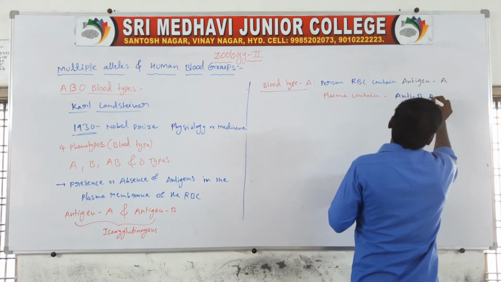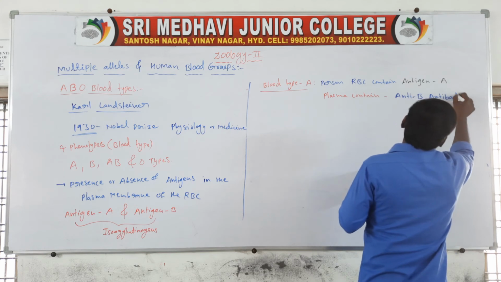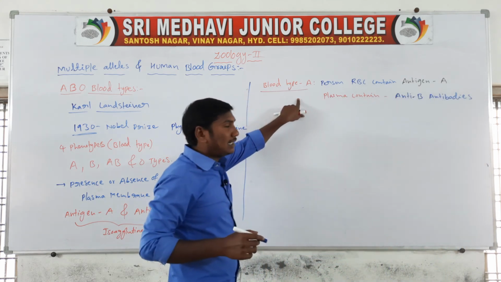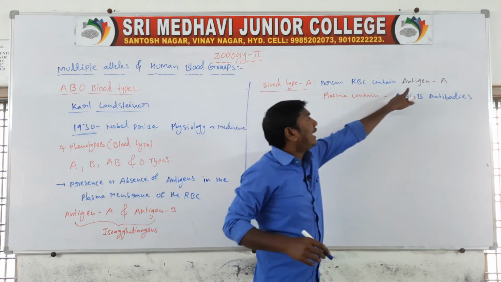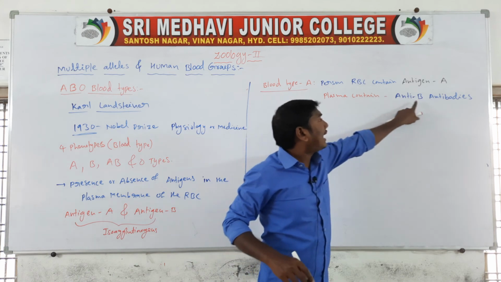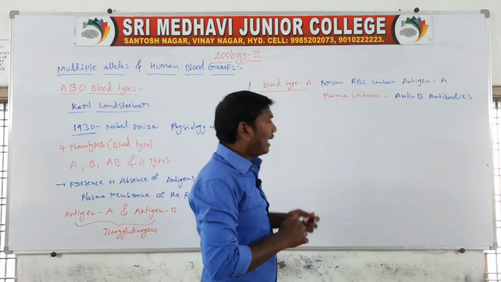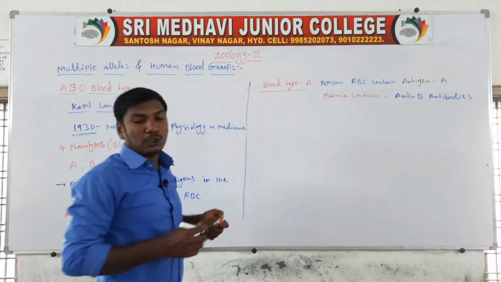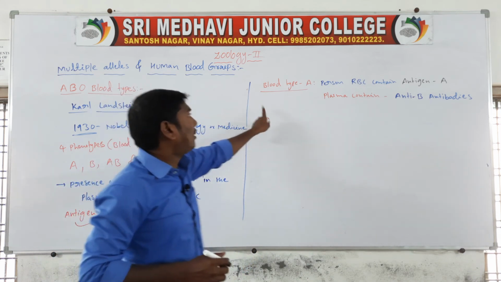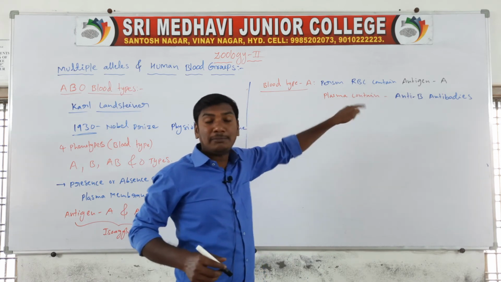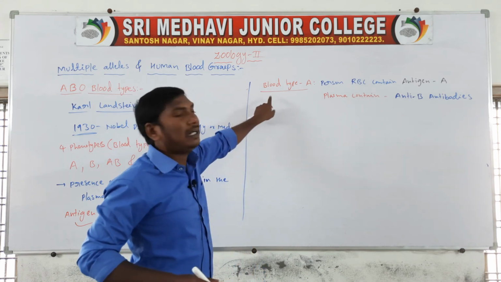This blood group is called blood type A.